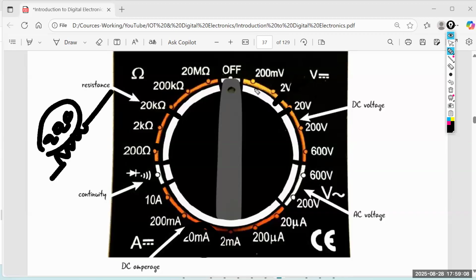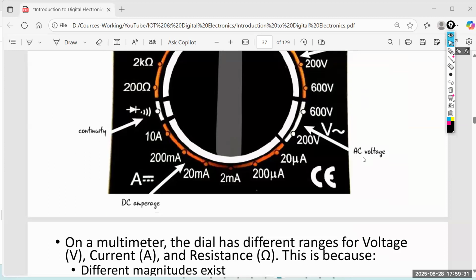You just have an idea about what kind of voltage, what kind of amperage, what kind of resistance we expect. So just set it somewhere there, not exactly. Then your multimeter is much more sensitive. Other than that, that's it. And if you are doing the continuity test, make sure you rotate it to this point. Right. Now I will explain how to measure.